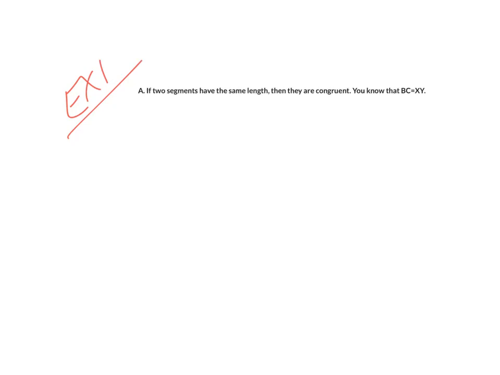Try not to look at the solution here, just look up at the screen. So using the law of detachment, let's make another conclusion about this. So if two segments have the same length, then they are congruent. And we know that BC equals XY. This is a straight up equal sign. So we can change that using the phrase you just read.